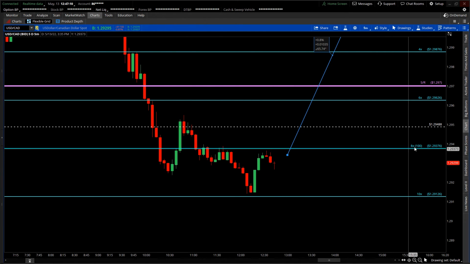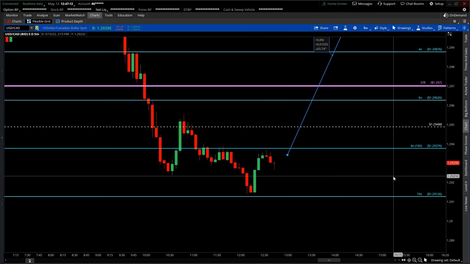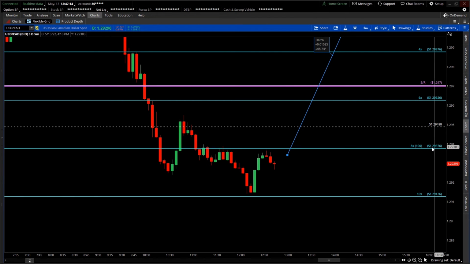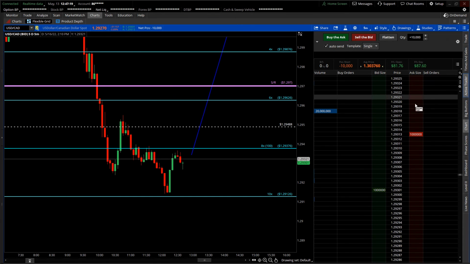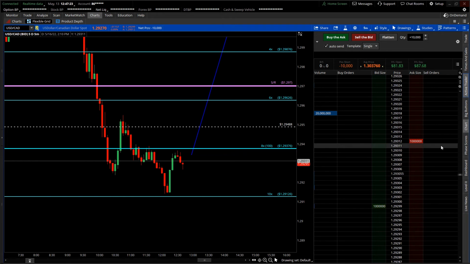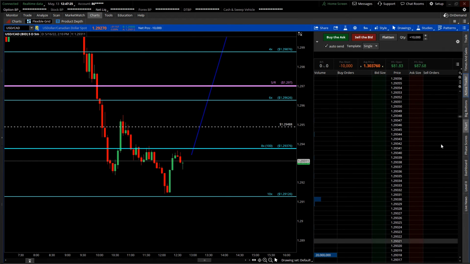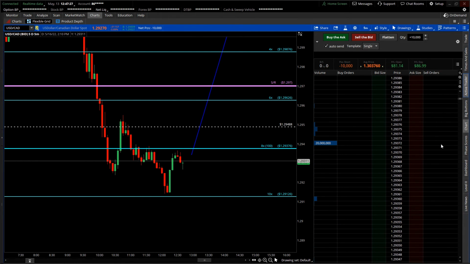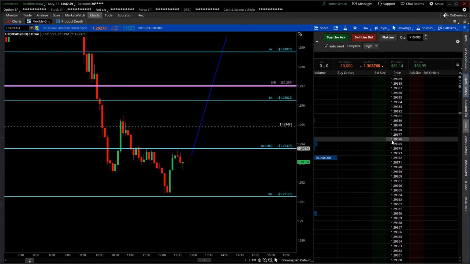So just to protect myself in case there's a sharp reversal, I'm going to place my stop right here at 8x. This way I'll protect the gains. So it's at 29376. 29376 is right here. What I'll do is I'll just take it to 29371.